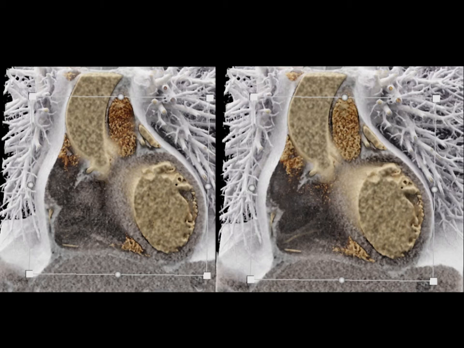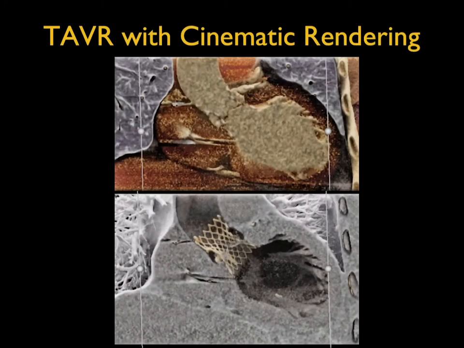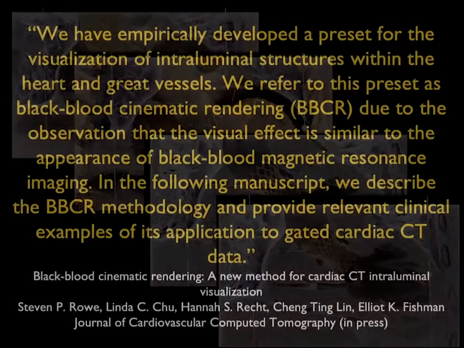And this whole idea about looking inside the lumen of vessels like this, we call that black blood imaging. Look at this incredible example. Look at the patient's TAVR in place. Look at the left ventricular muscle. And here it is just showing you how we change the rendering to optimize the stent, to optimize the visualization in the chamber and some of the artifact.